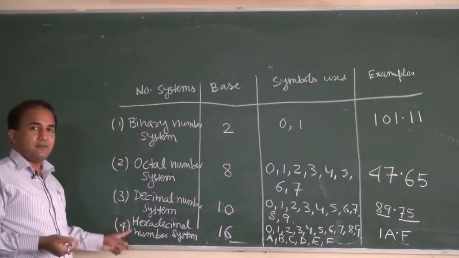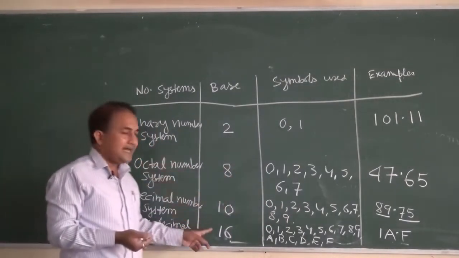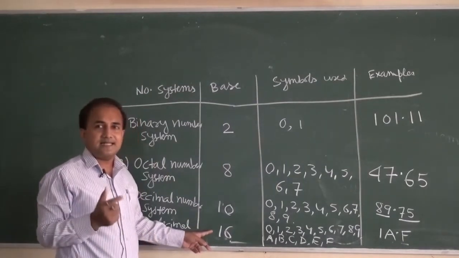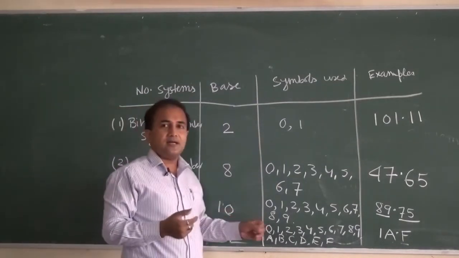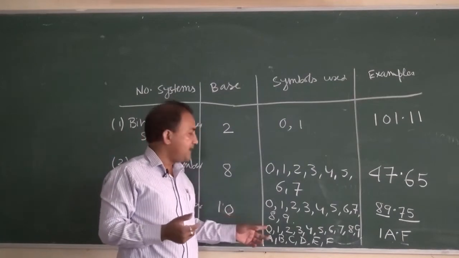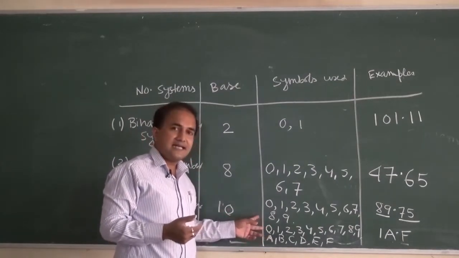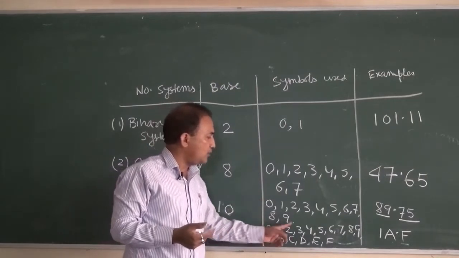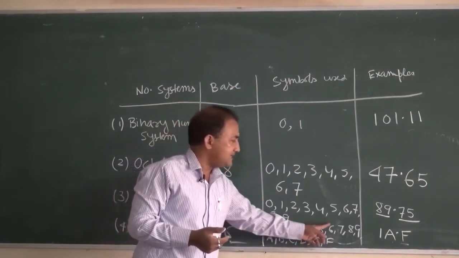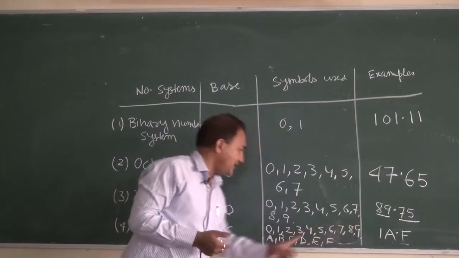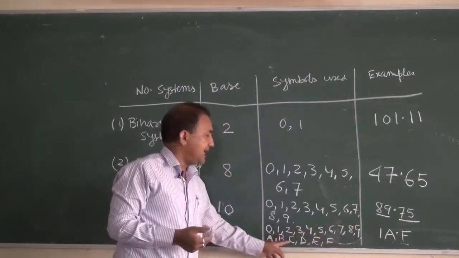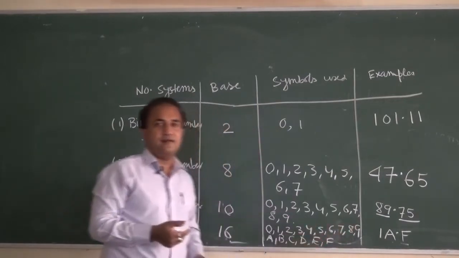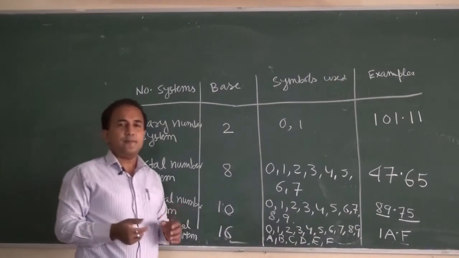In hexadecimal number system, base is 16. Why base is 16? Because you can represent any number by using 16 different symbols: 0, 1, 2, 3, 4, 5, 6, 7, 8, 9, A, B, C, D, E, F. Is it clear to all of you?